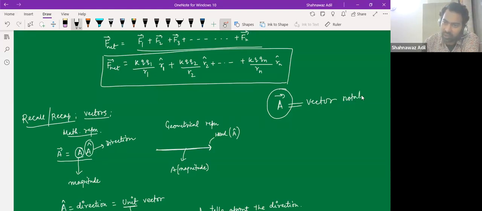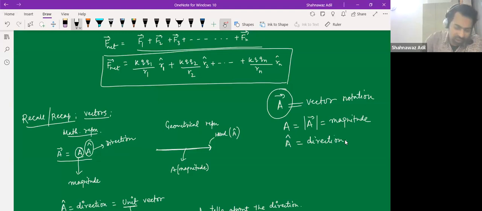Usually we write the magnitude in this manner, or we can also write the magnitude in this manner. So this represents the magnitude, and this represents the direction. These are the conventional notations for the different parts of the vectors.